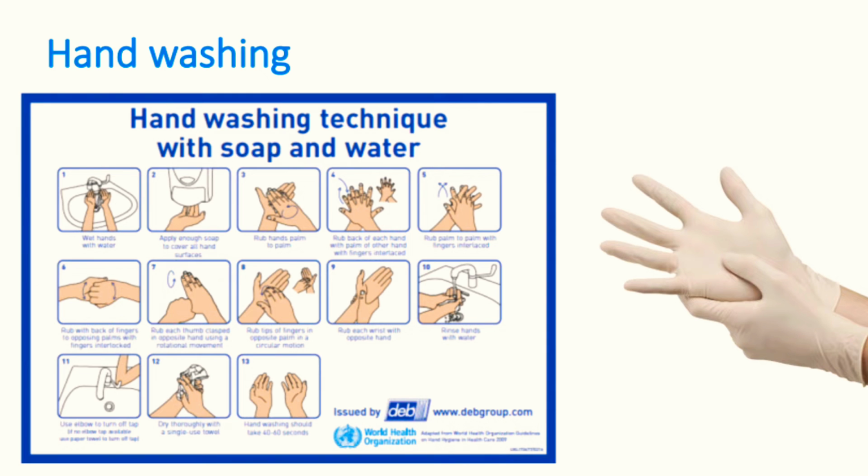If it is not available, frequently wash your hand in continuous running water with soap. Soap water is an alternative for alcohol containing disinfectant, or in hospital you have to use alcohol containing disinfectant. Try to use gloves as far as possible. If it is not available, you can use hand washing technique as a preventive measure. Try to use at least a simple mask so that you will not touch your face frequently. Okay, so a mask can be used even to prevent touching the face, but always try to use N95 mask when you are treating a patient who is having COVID.